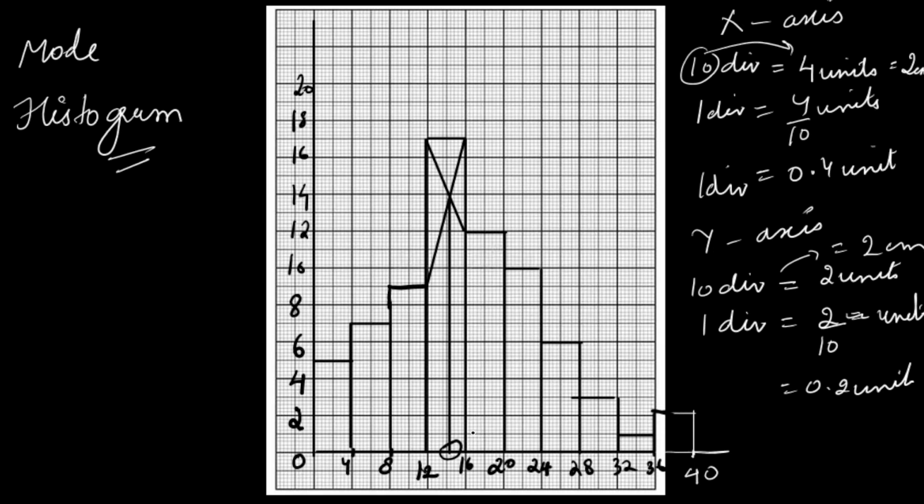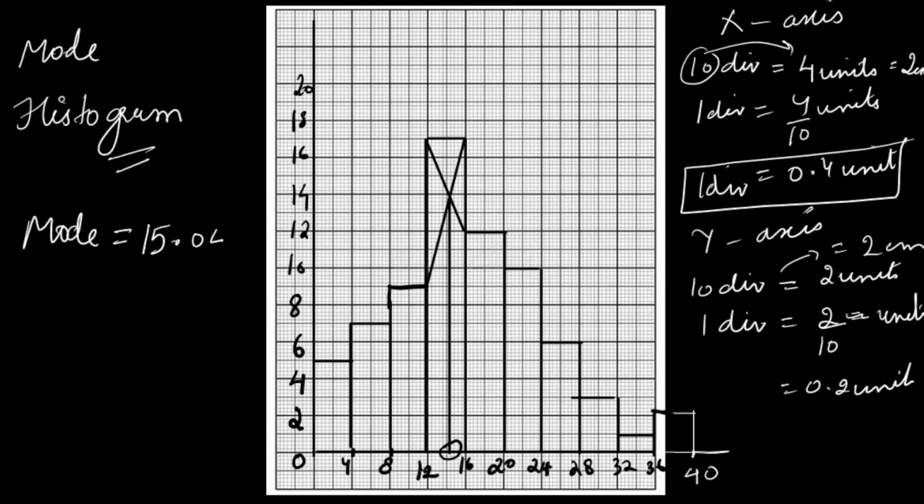So what's the value of mode you are getting? Because if you see each division here along x-axis is 0.4. So how much you will get? So 15 or 15.4 you will get. I'm getting here around 15.4. So plus minus 0.4 divisions is acceptable.